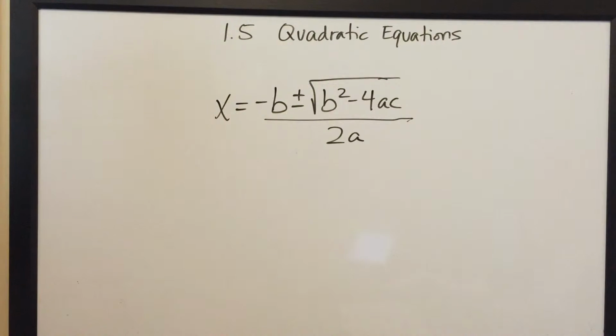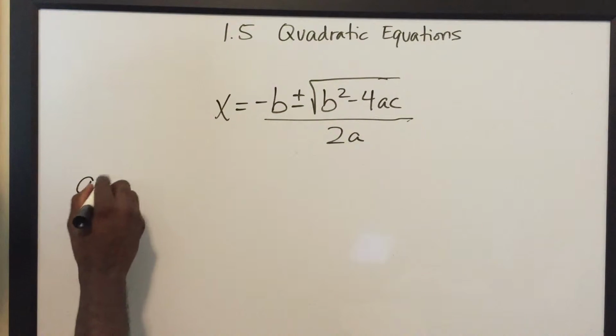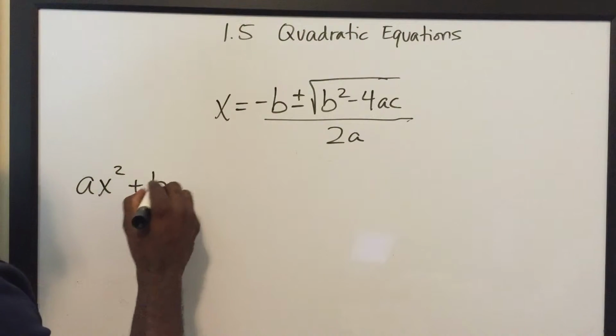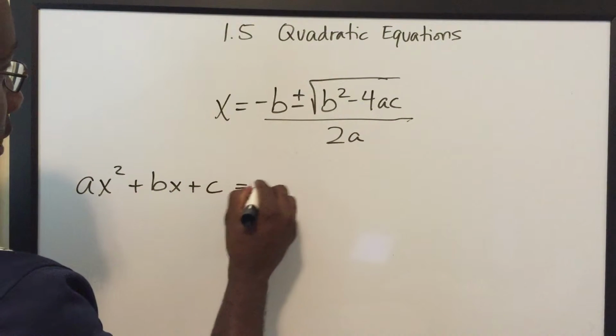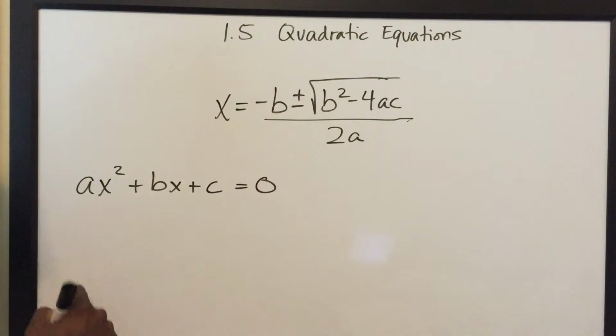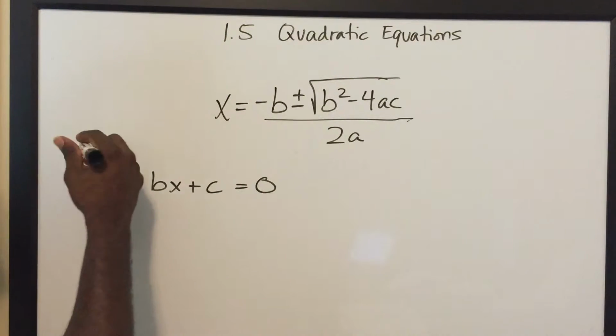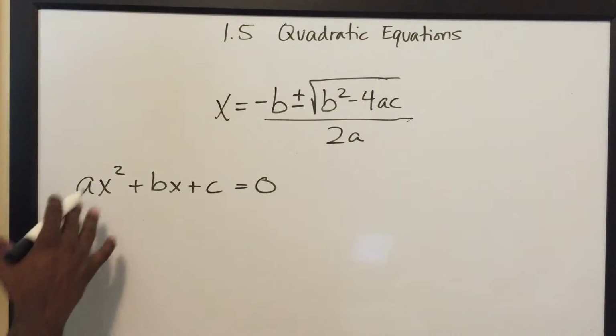And then we remember that our standard setup for this is ax squared plus bx plus c is equal to 0, where a is whatever number is in this particular area.